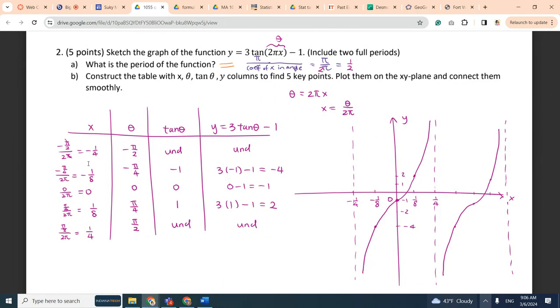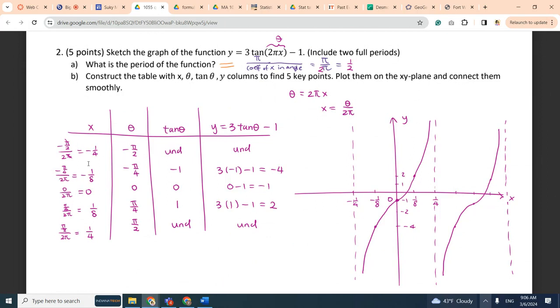The smallest is negative 1/4. So when you draw the xy plane, draw it bigger. Don't draw it too tiny, otherwise it's hard to see. So spread it, negative 1/4 and 1/4.